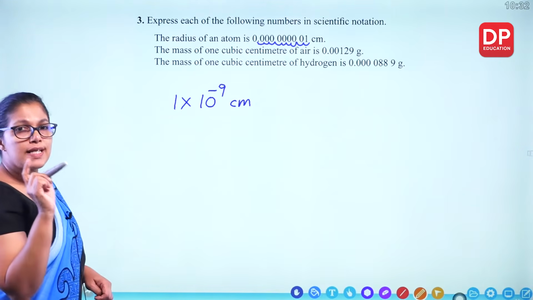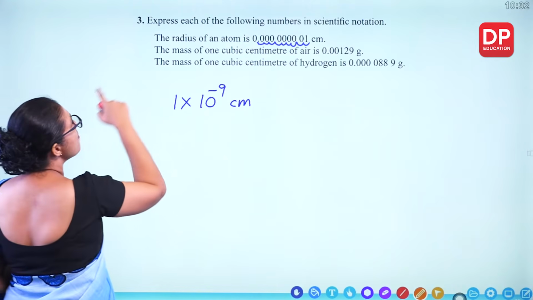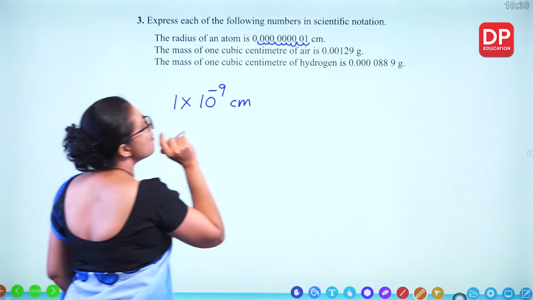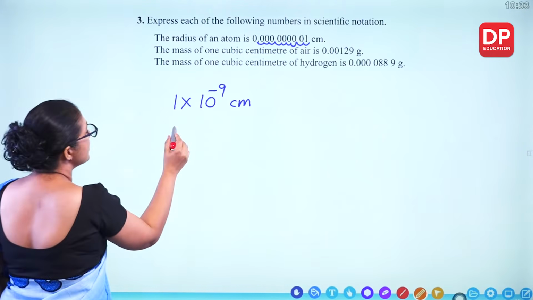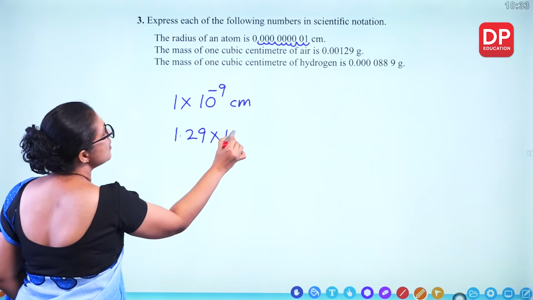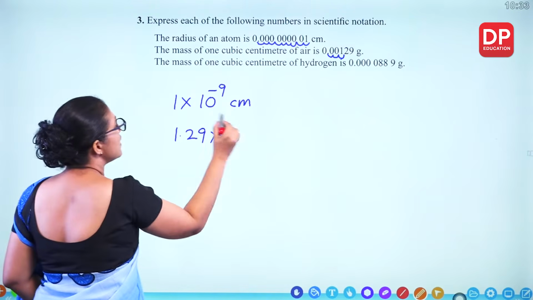Because we are moving the decimal place 9 places to left. The mass of 1 cubic centimeter of air is 0.00129. So I can write 1.29 into 10 to the power 1, 2, 3 places to the left.